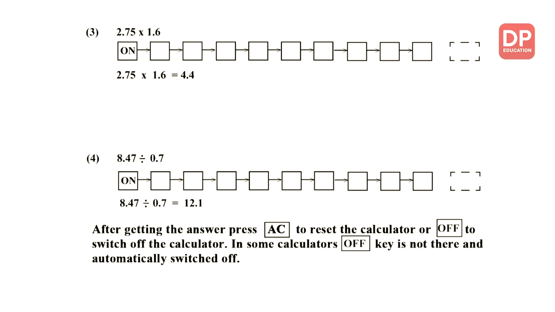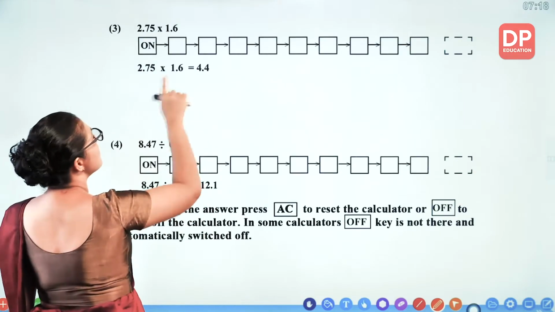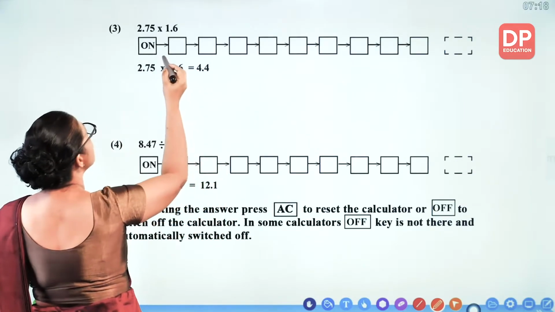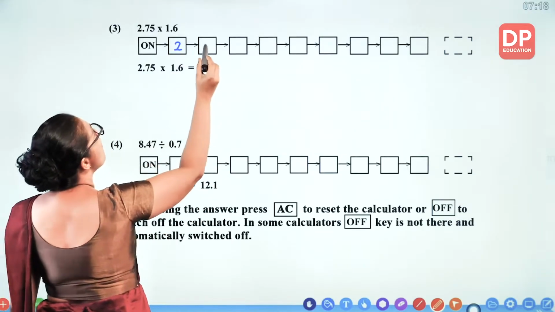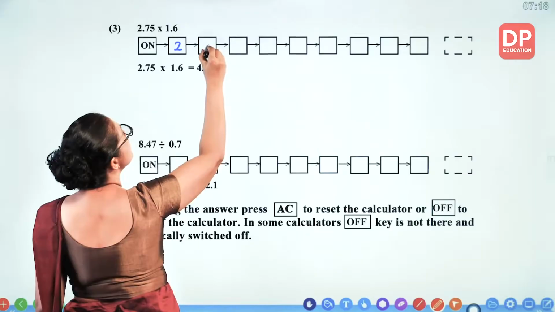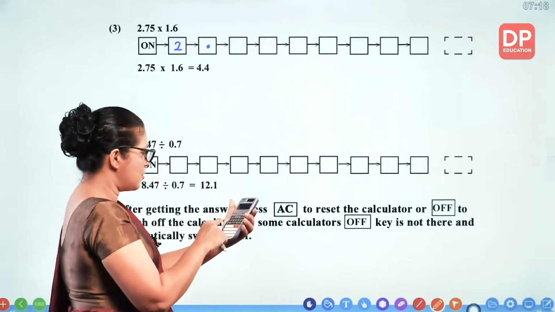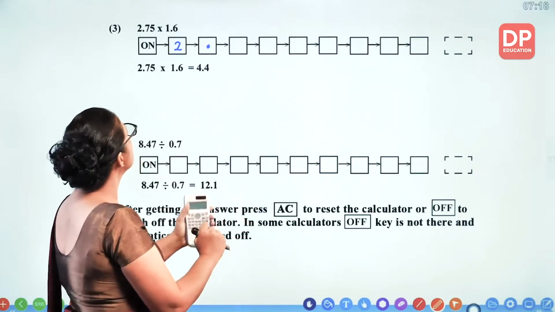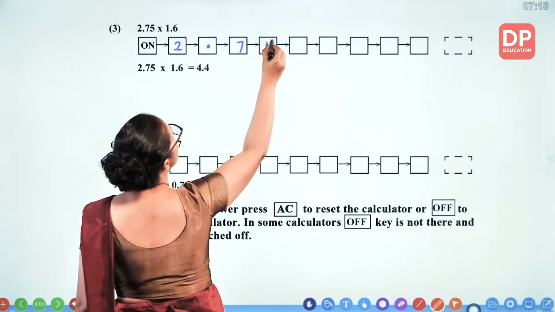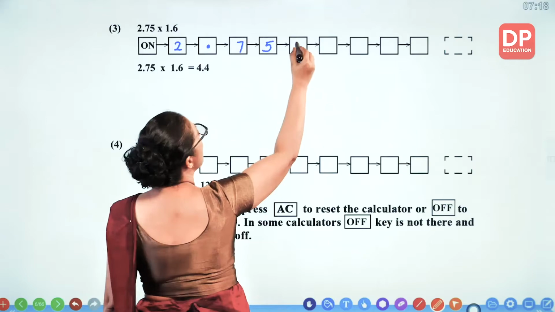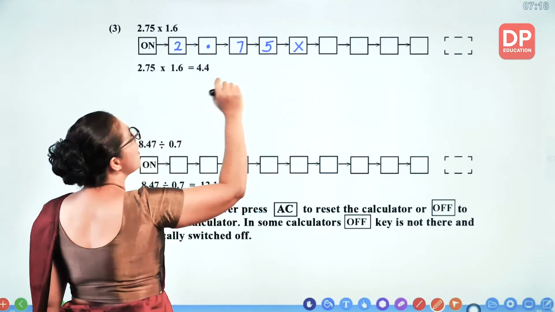Now a multiplication one, a decimal point is also there. The answer is given as 4.4. We'll see whether we are getting that. So how do we perform it? 2 point, you put the dot here. There's a dot here. 7, 5 multiplied by 1.6.